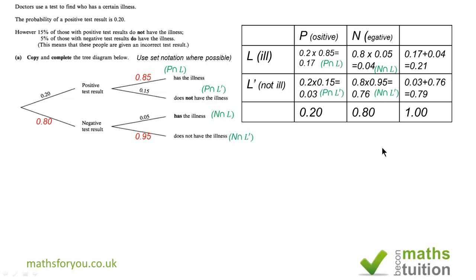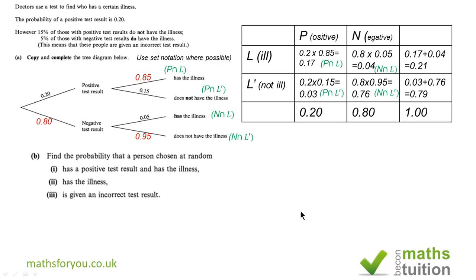And just to check again, the marginal probability row is 0.20 plus 0.80, and you get 1, and the marginal probability column is 0.21 plus 0.79, and you get 1.